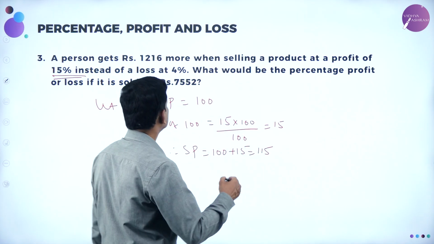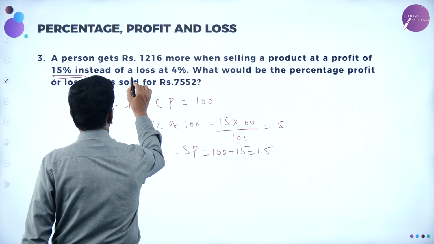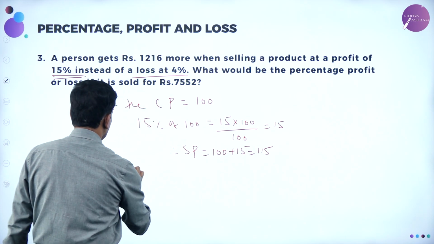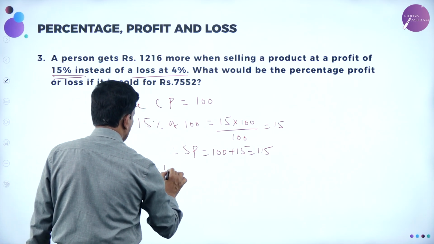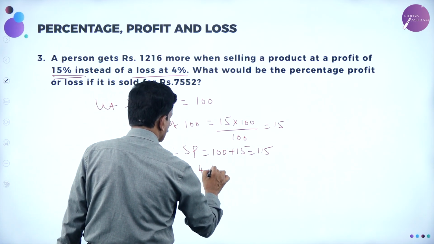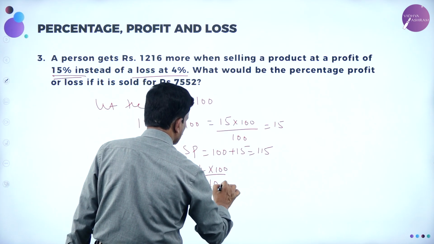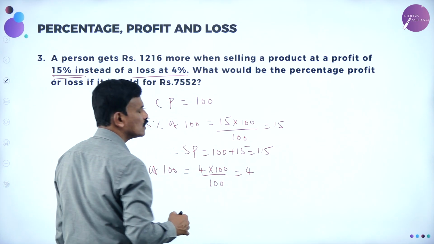Now the second condition. Instead, a loss of 4%. 4% of 100 is 4 into 100 divided by 100, that's equal to 4, right?